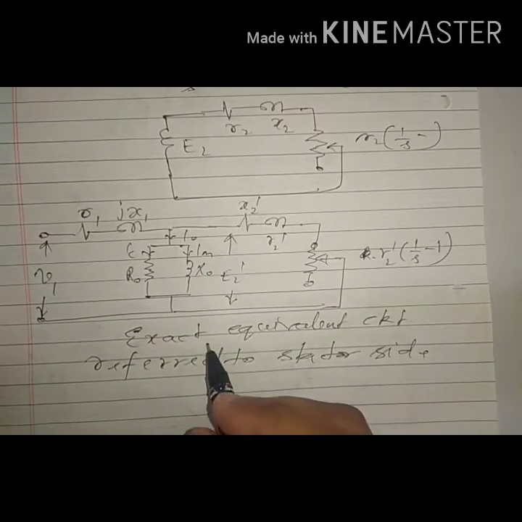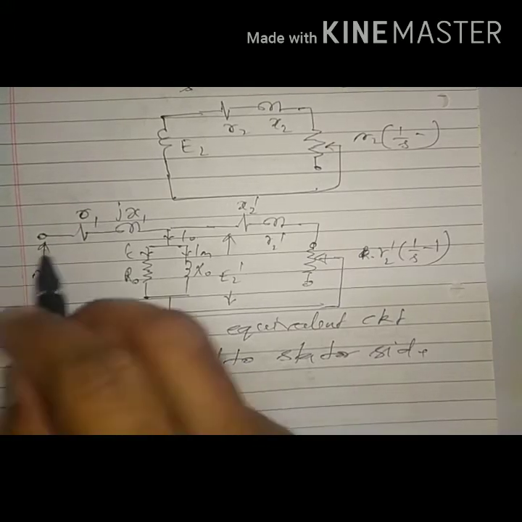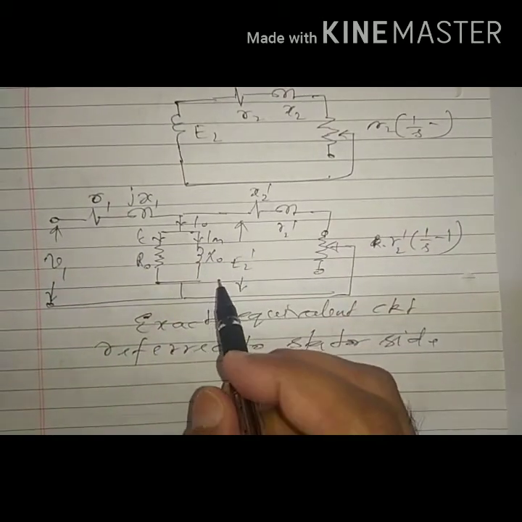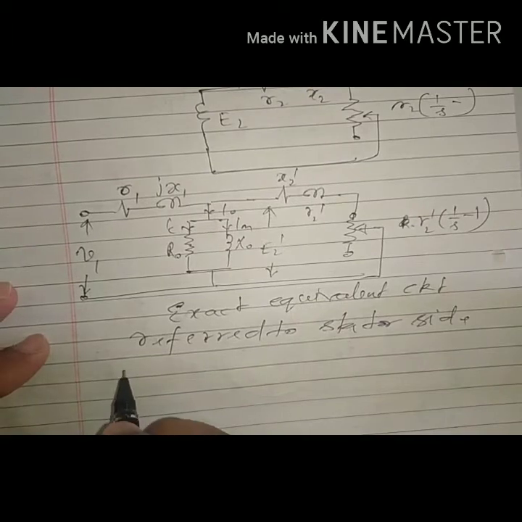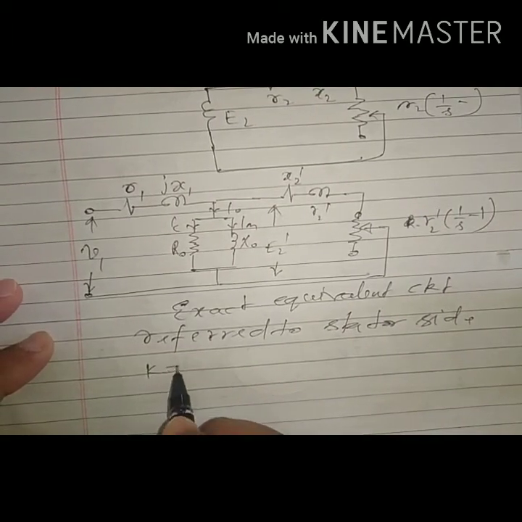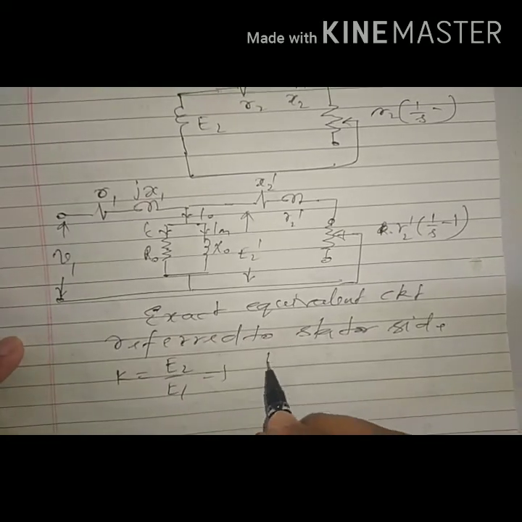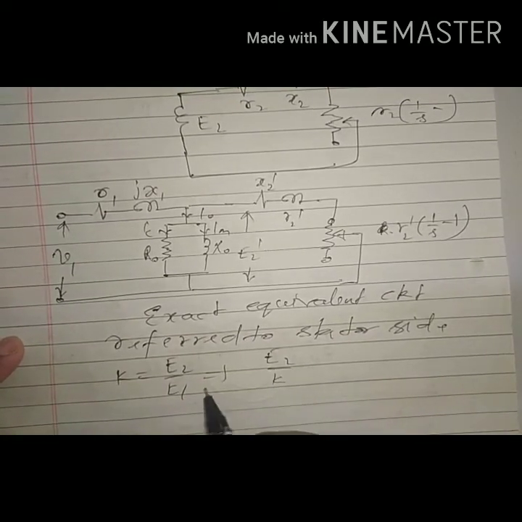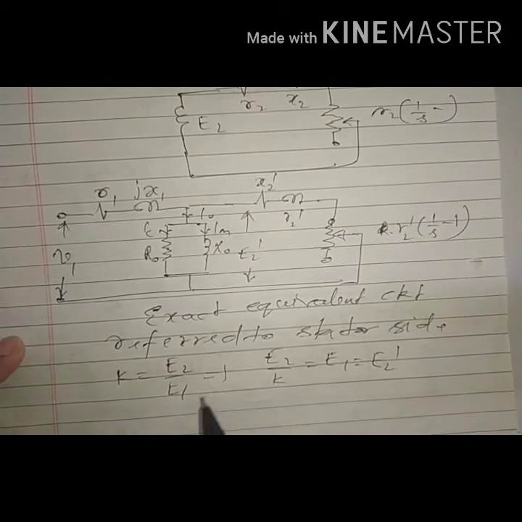As this is a three-phase induction motor, the equivalent circuit for any three-phase balanced machine is drawn with respect to per phase. So these all values are phase values, right? And here the transformation ratio K will be E2 by E1, and we can say E2 by K is nothing but E1, which is equal to E2 dash also, right?